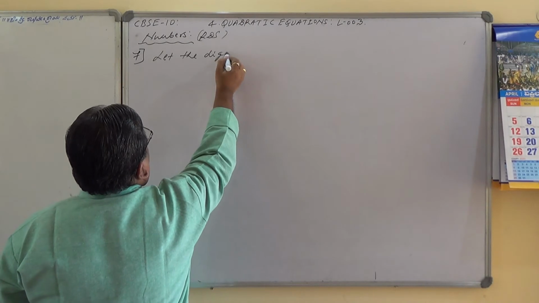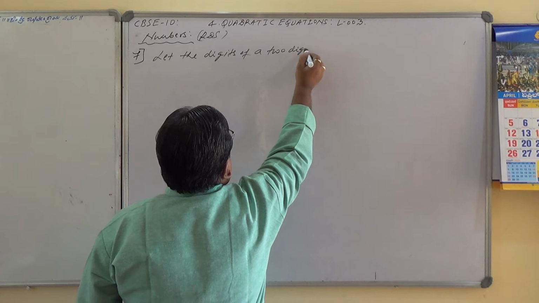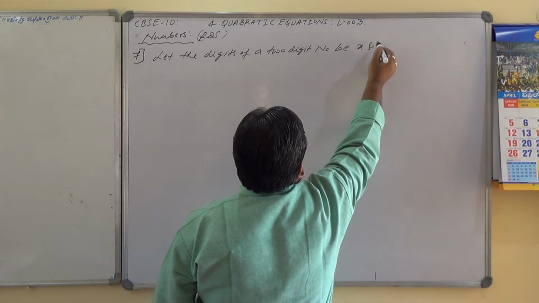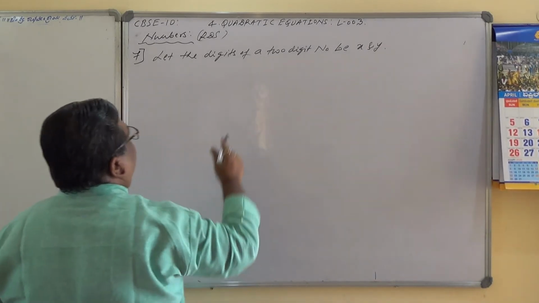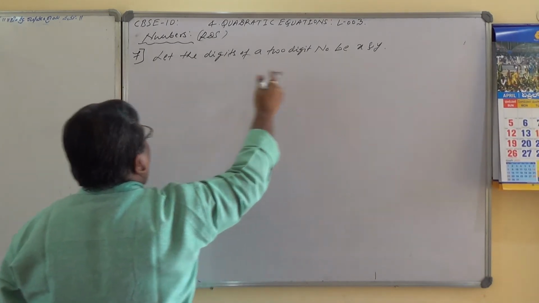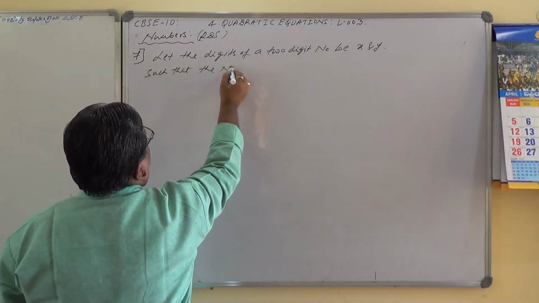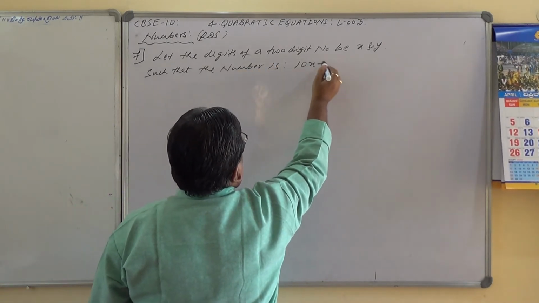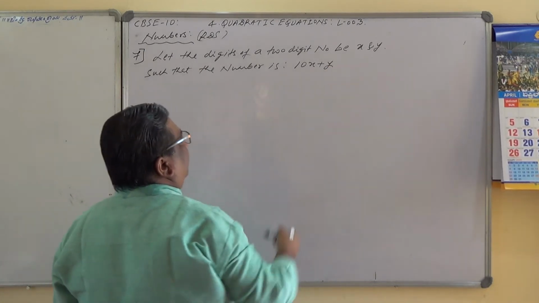Let the digits of a two-digit number be x and y. First I will take two variables and then convert it to a single variable. Let the digits of a two-digit number be x and y such that the number is 10x plus y, meaning x is in tens place, y is in units place.